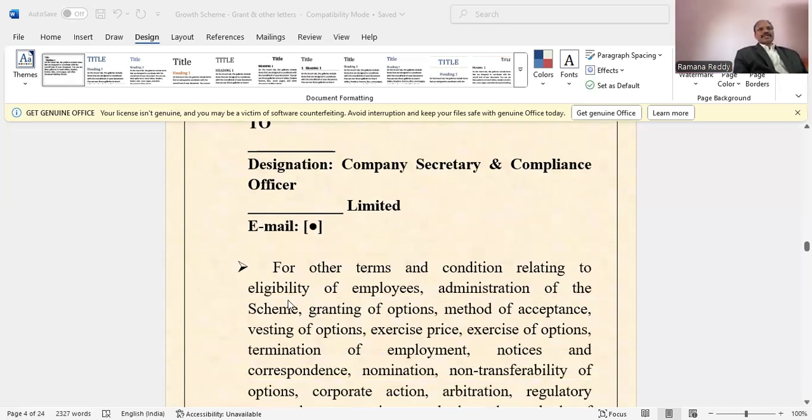For other terms and conditions, many doubts will come to the employee, so he has to go through the scheme.